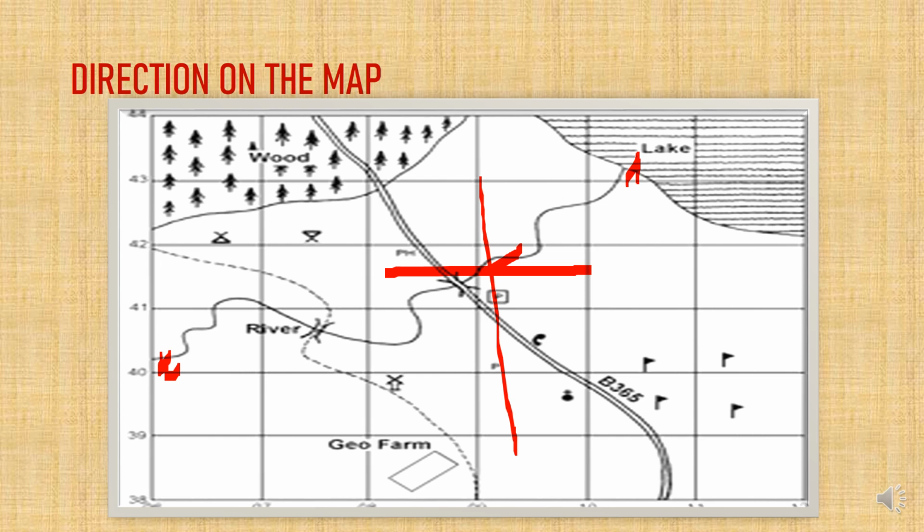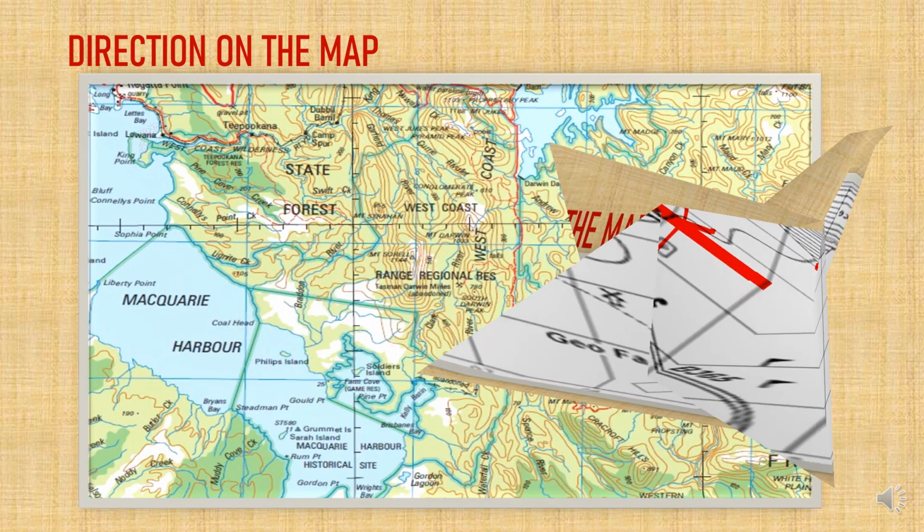If we determine that, then we use that information to determine where the river is going. Another example is that we can use the river patterns.